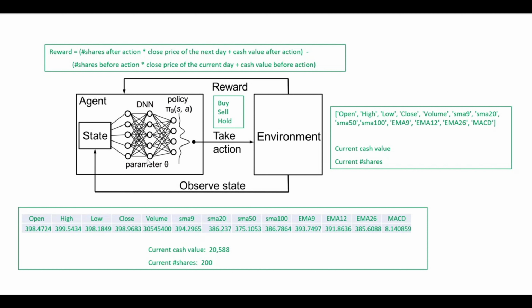Initially, this Q network starts with randomized parameters. In other words, all the weights along these edges are randomized. So the initial output of the Q value for each action is not meaningful. They're just random values, right?